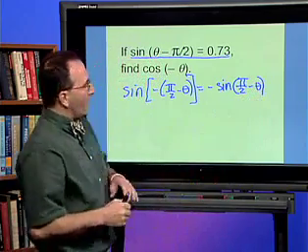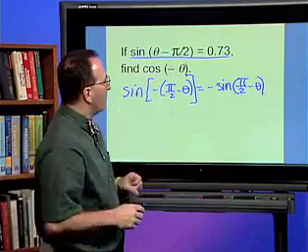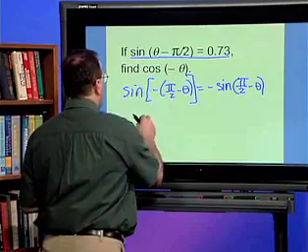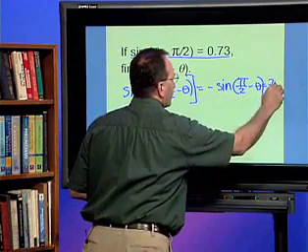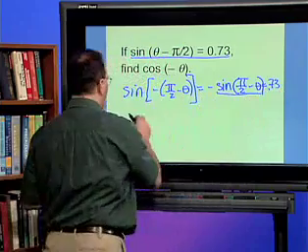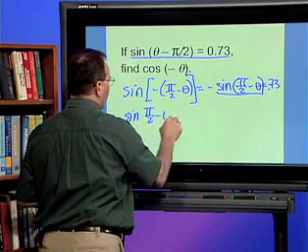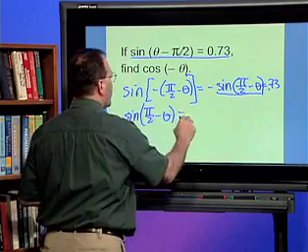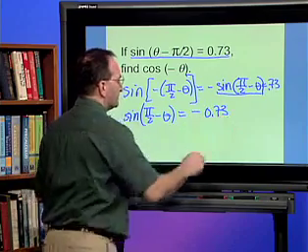All right, now that's helpful in that I can now say up above that if I take this, we know is equal to 0.73. So now what I can do is say that the sine of pi over 2 minus theta is equal to negative 0.73.